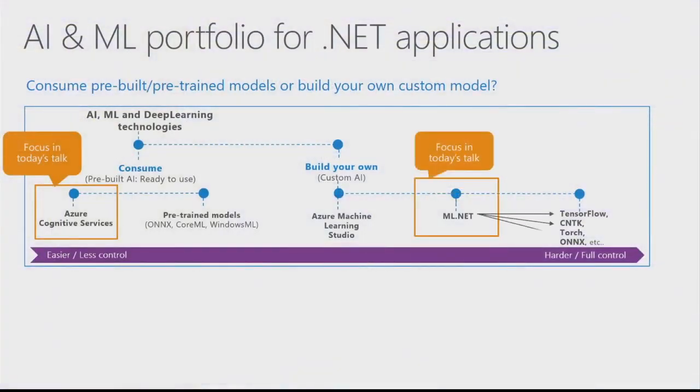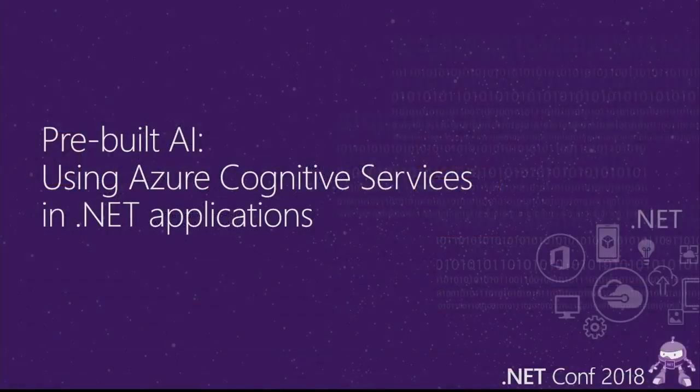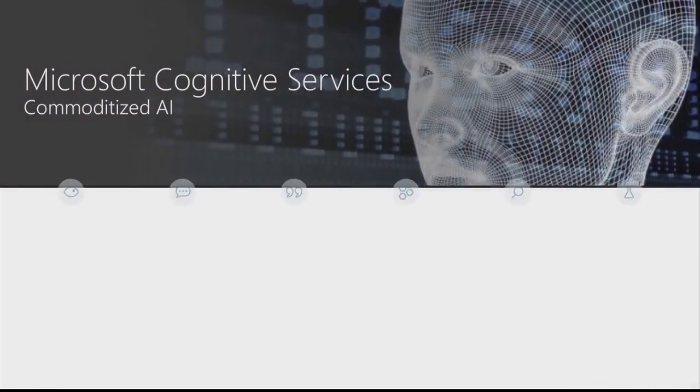And from ML.NET, you can also integrate with TensorFlow, as you saw in the previous session about ML.NET from Ankit and Gal. And finally, of course, you can use those models from any client app. It could be a bot, a web app, mobile apps, or IoT edge devices, right?